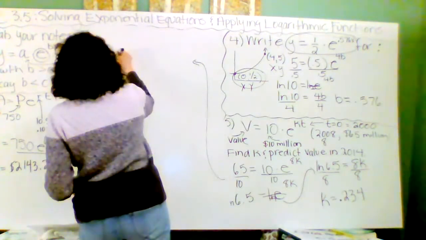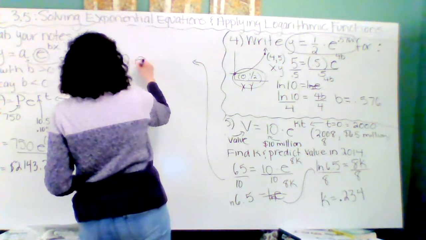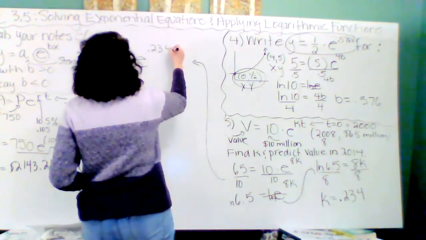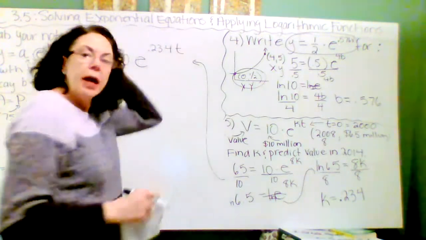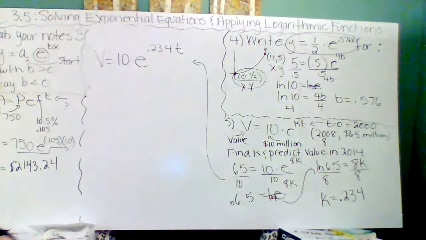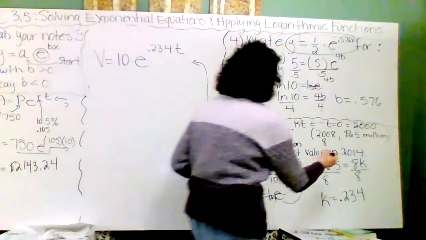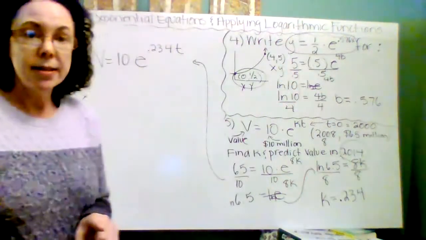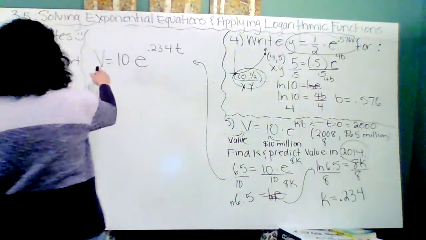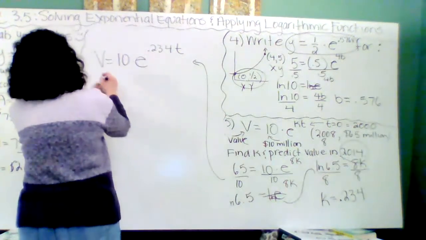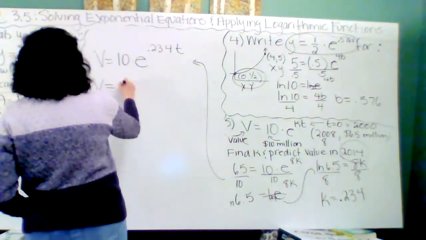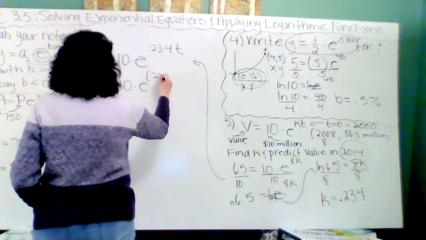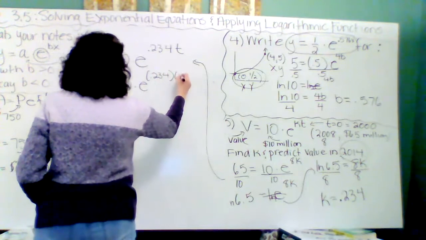My value is 10 times E to the rate, which I found is 0.234, times the time. And so they want to know what will the value of the painting be in 2014. Notice that is a time of 14. And I want the output, the value at that time. So the value equals 10 times E to the 0.234 times 14.